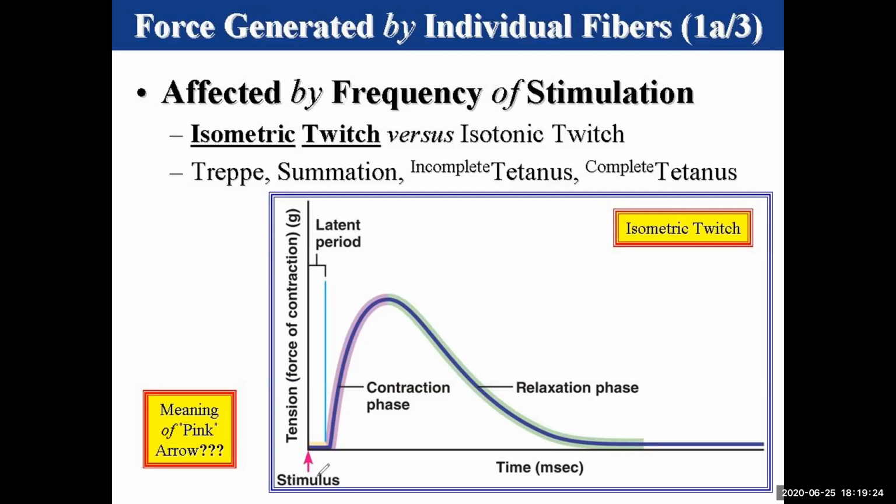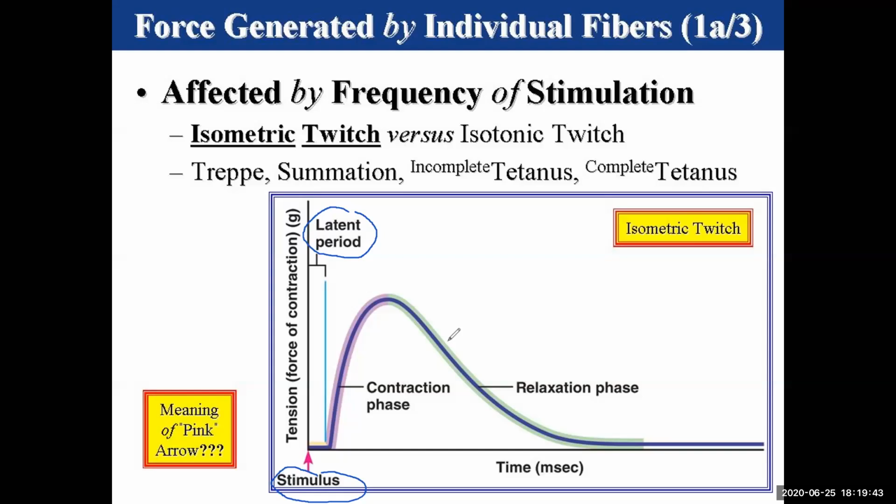So you have here one stimulus, and there's a lag called a latent period before the muscle responds, right? So this is the single skeletal muscle fiber. When we say twitch, it's basically one contraction.